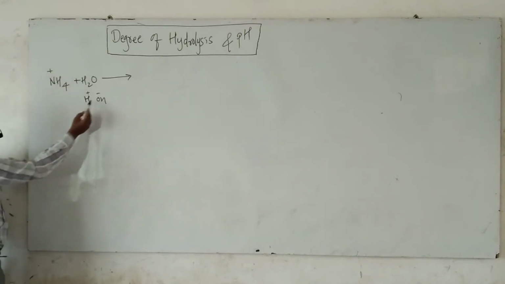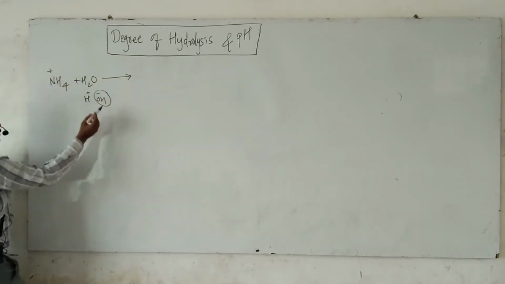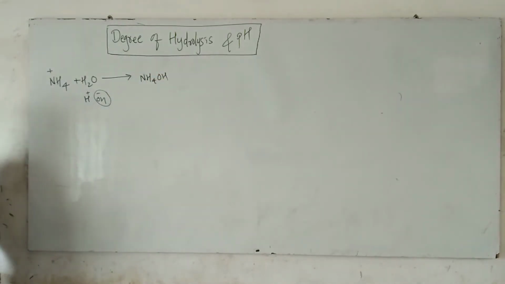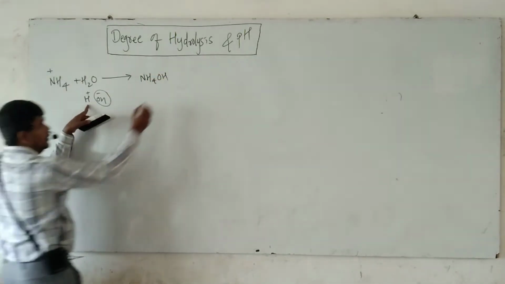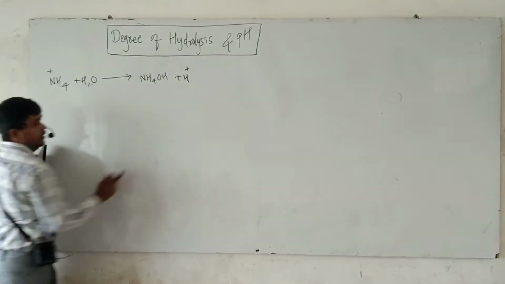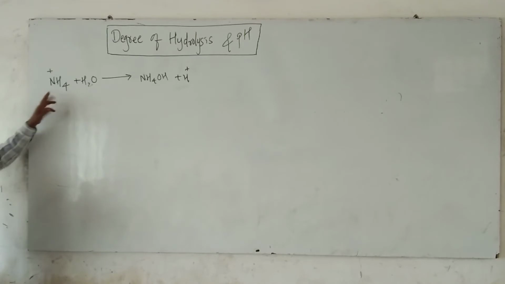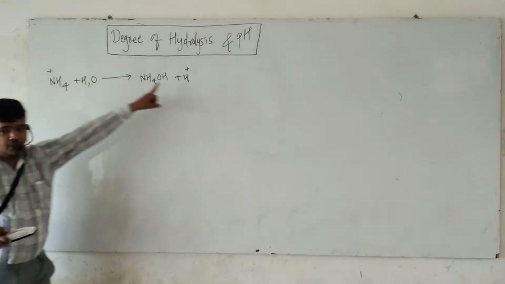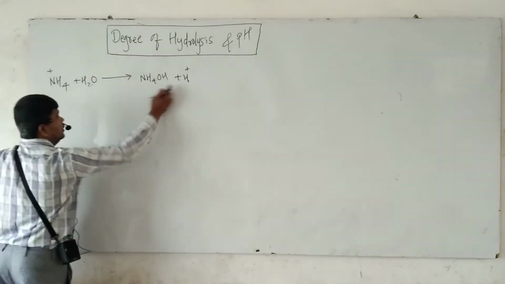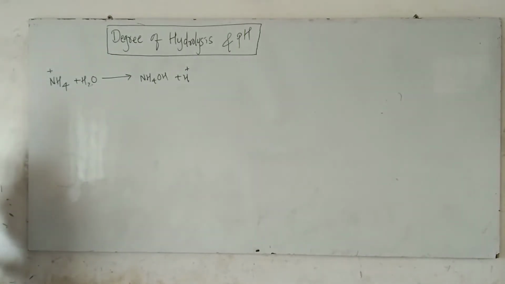Positive will combine with negative. So you will get NH4OH. What will be left? H plus. Cation gives cation. In the previous session I told you, whenever you write a hydrolysis reaction, the cation must give cation and anion will give anion. If cation gives cation, it means the reaction is correct.